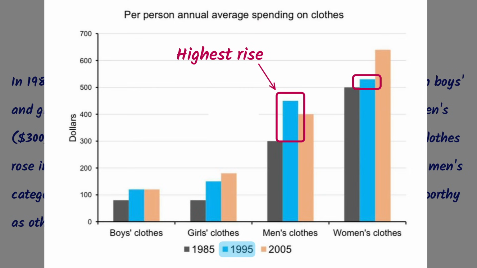Because girls' and boys' spending is not that significant, we can also omit talking about this. You can also talk about this, no difference. But we should not write about all the data here, just the most important ones, right?